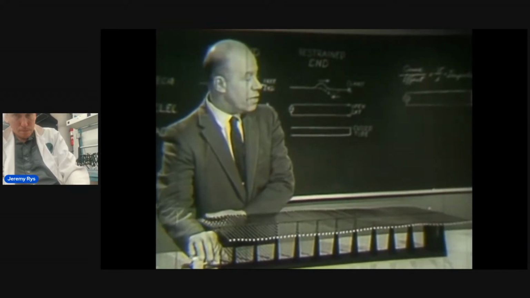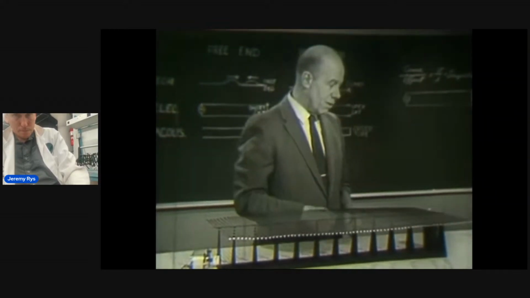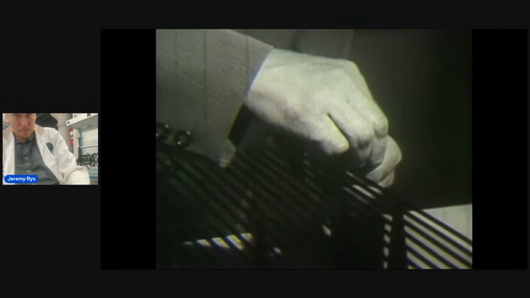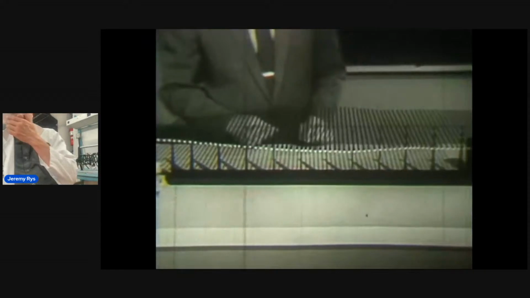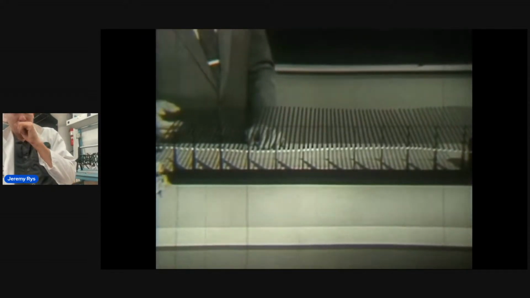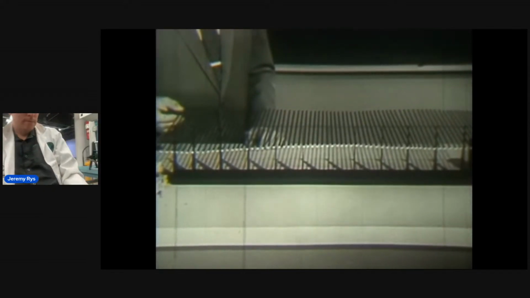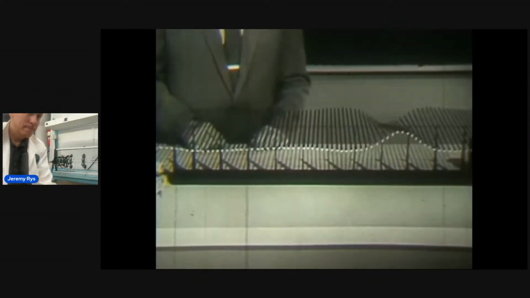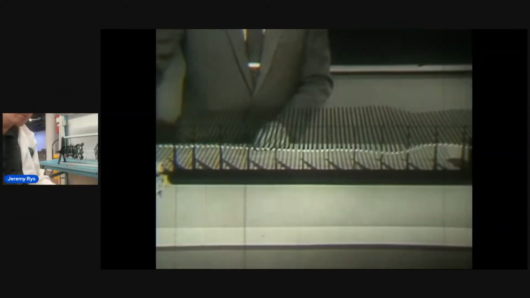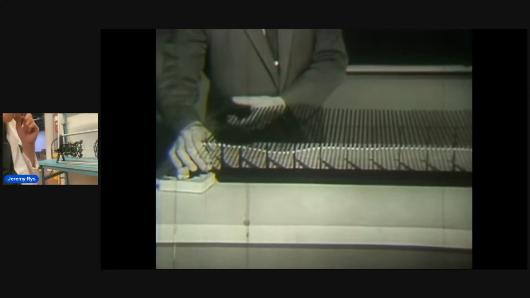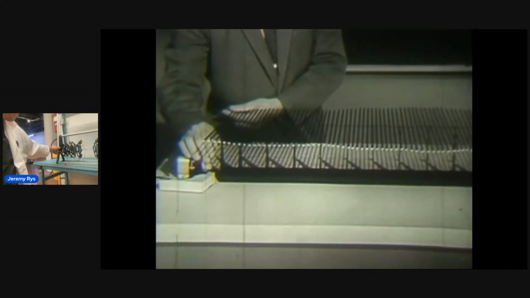Now suppose I spoil this nice matching adjustment by moving the dash pot farther in toward the central wire. The impedance of the load now no longer matches the impedance of the transmission line, and a partial reflection of the wave energy occurs. Let's have a look at this partial reflection now with continuous waves instead.